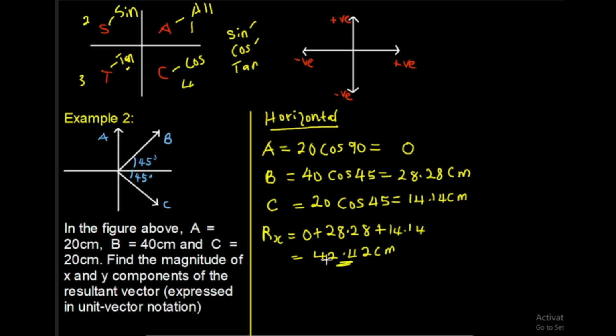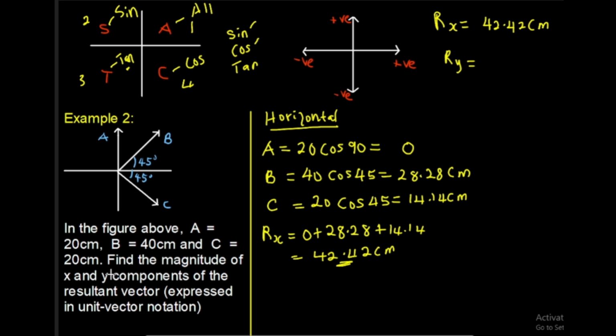So this is our horizontal component. We can record it down here: Rx, the horizontal component of the resultant, is 42.42 cm.